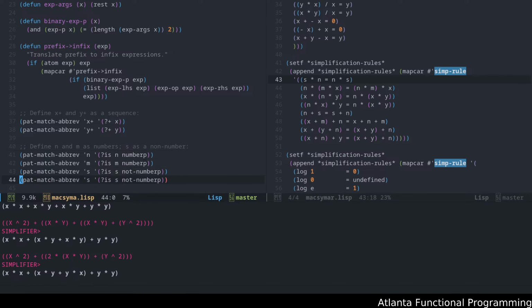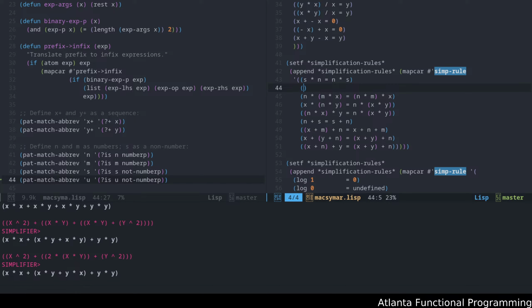So let's call this not t, let's call this u. So we have now a u symbol that can also be treated as a symbol in this database, and we could do s times u equals u times s.